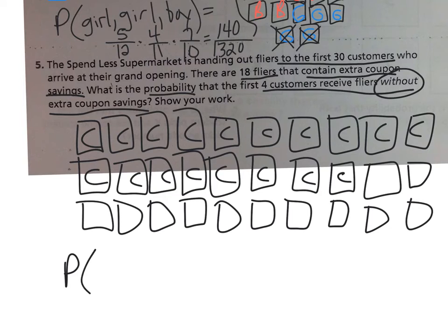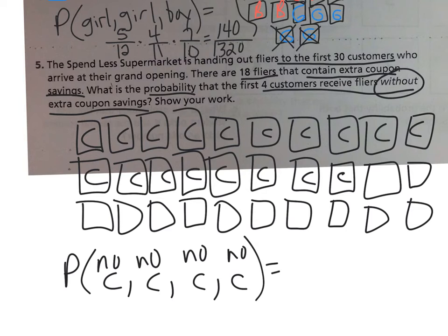So we want 4 customers to get flyers without coupon savings. So we'll say no C for no coupon. Okay, so if we look at this, to start out with, how many of these don't have coupons in them? 12, right.